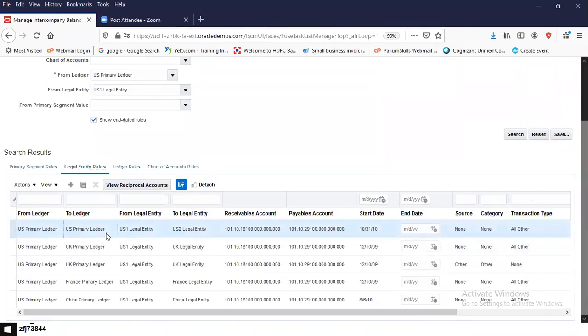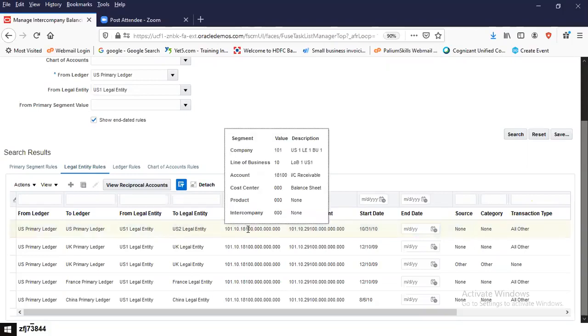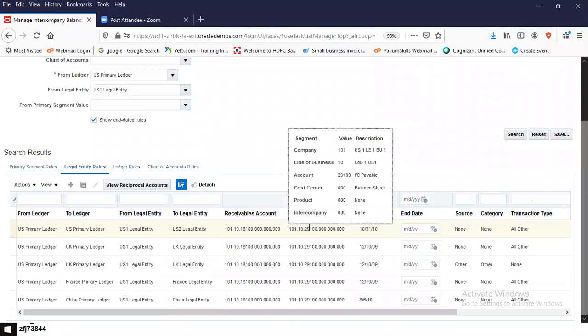If you look at this one, this is the rule between US1 legal entity and US2 legal entity. Okay, so you have the receivables account as 18100 and the payables account as 2100. So where we have that provider and the receiver, this is where the rules are derived.